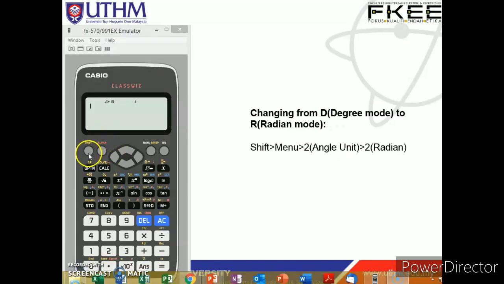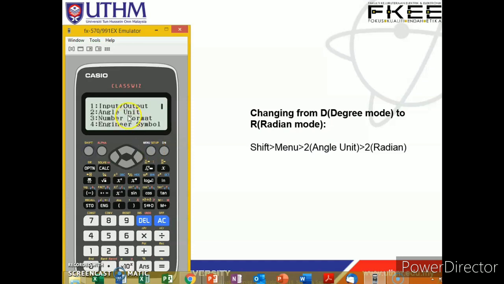So you can choose the shift menu and then choose the number 2 for angle unit. Since our calculator mode is in degree, we need to change to radian, so choose 2, and you can see here it is changed to radian.